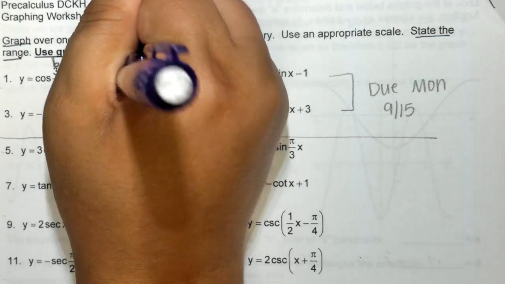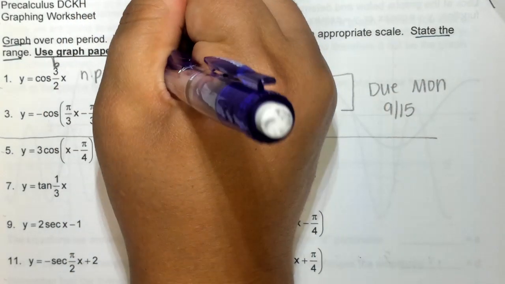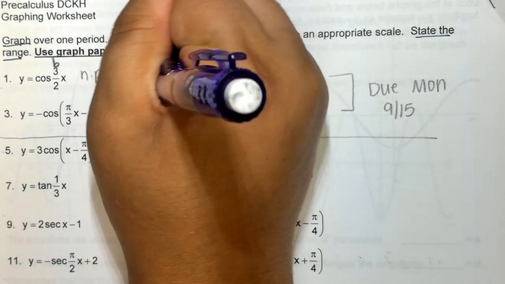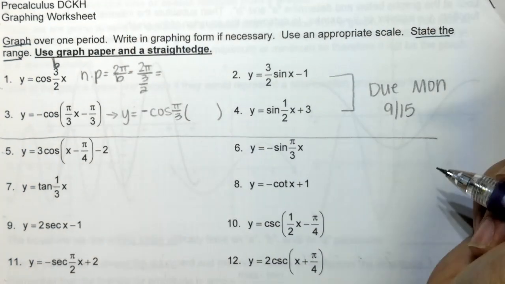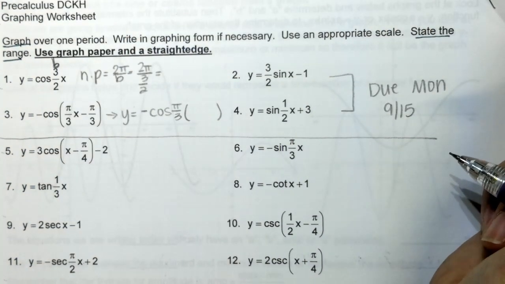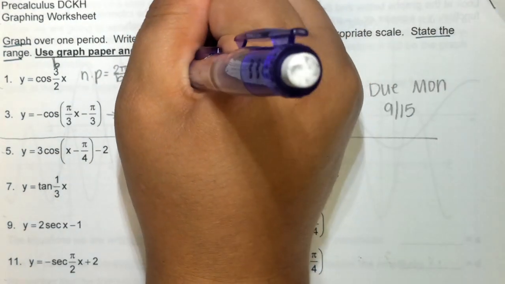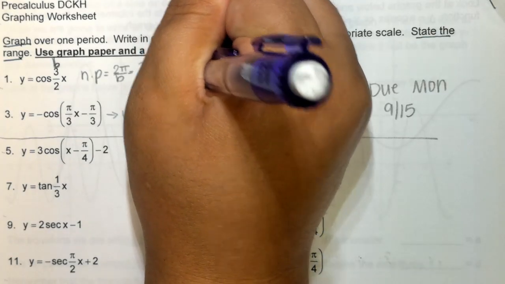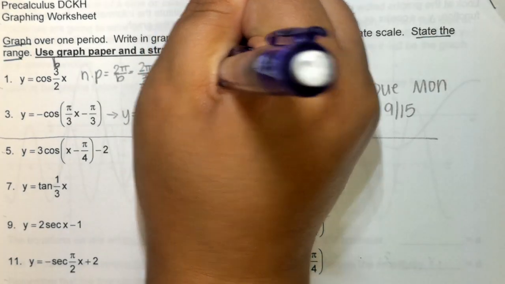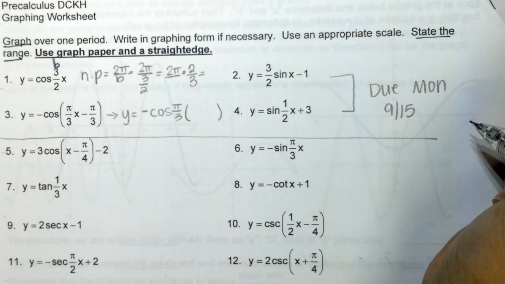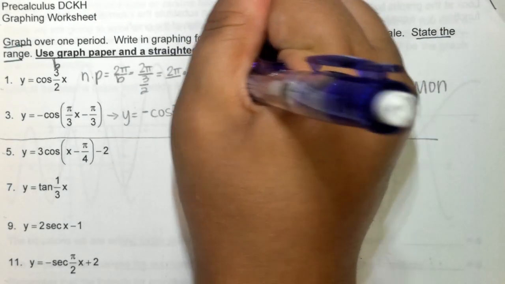So 2 pi over b, which is 2 pi over 3/2. What is 2 pi over 3/2? Keep change flip. 4 pi over 3.